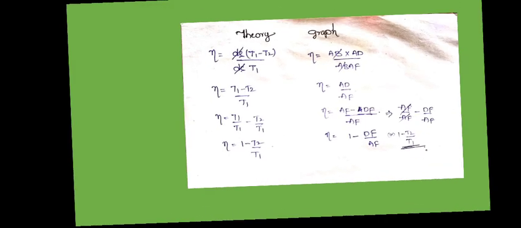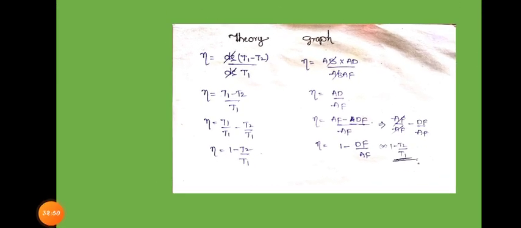So this is the TS graph, a very important one. By taking temperature on the y-axis and entropy on the x-axis, if we plot a graph, that is called a TS diagram. It is very useful for finding the efficiency of the Carnot heat engine.